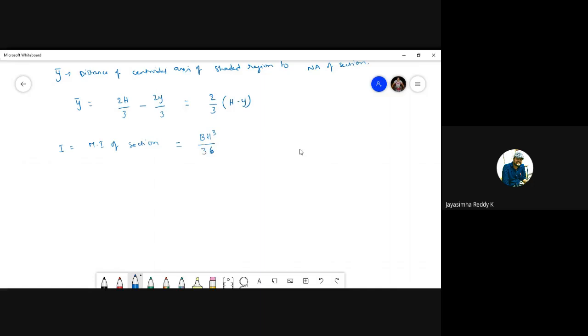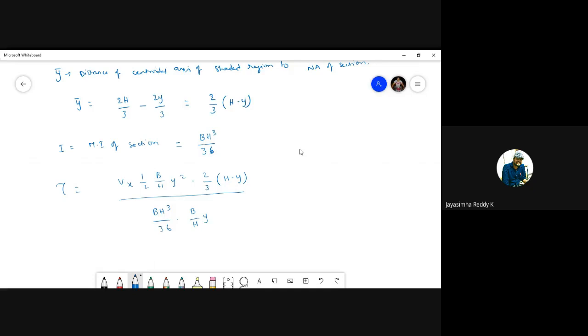So now let us substitute all these values in tau. So tau becomes Vx into half into b by h into y square into 2 by 3 of h minus y, divided by moment of inertia, which is bh cubed by 36, into b by h into y.